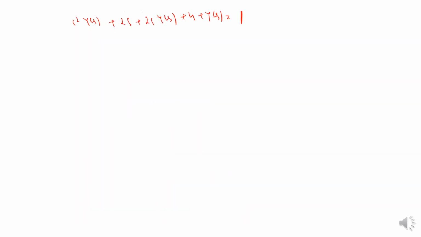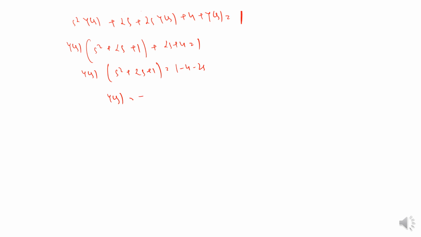Now if we take Y of s common, then s square plus 2s plus 1, plus 2s plus 4 is equal to 1. If we send it this side, Y of s into s square plus 2s plus 1 is equal to 1 minus 4 minus 2s. So Y of s is equal to minus 3 minus 2s by s square plus 2s plus 1.